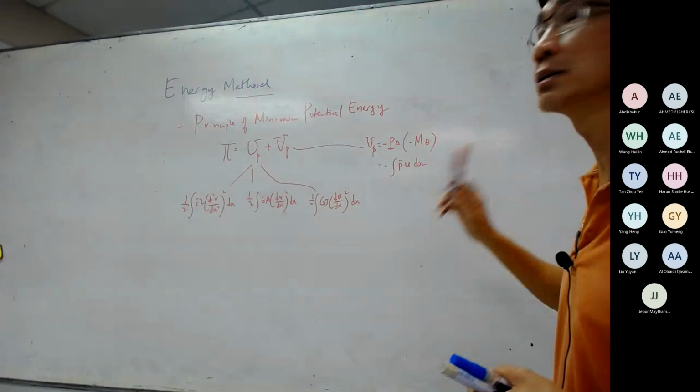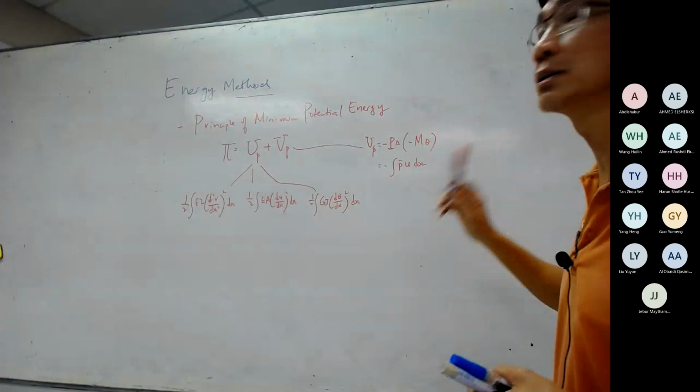In this equation, P and delta are assumed in the same direction. If P is acting down, delta is acting down. If delta is acting up, then we must put a negative on delta as well. This negative comes from the definition of total potential energy of the external load. So these are the things that you need to know.